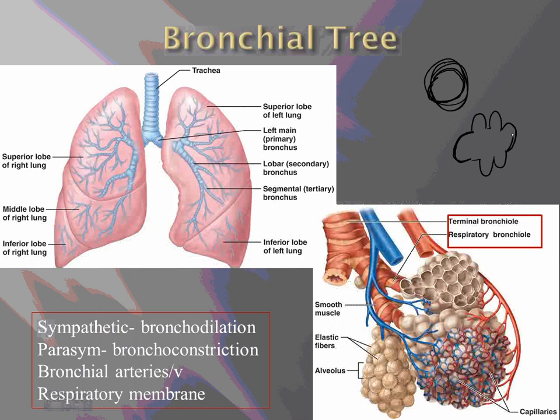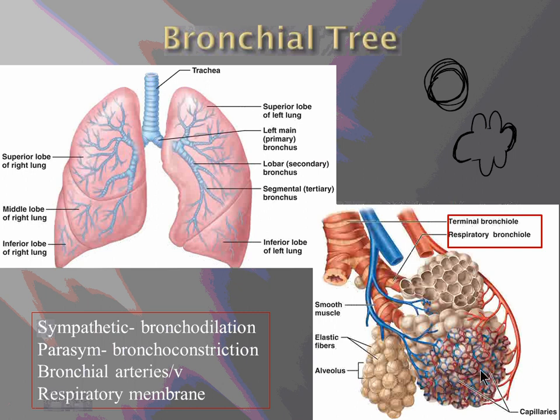Here's a little bit of smooth muscle, but you can see alveoli budding off from it. That's what this picture is showing you. And that's the reason why this belongs to the respiratory zone, because it has these alveoli and gas exchange can take place.